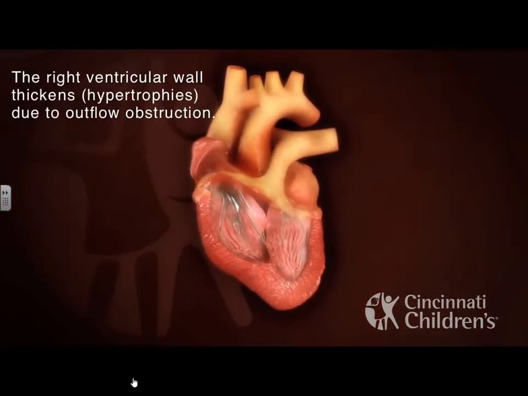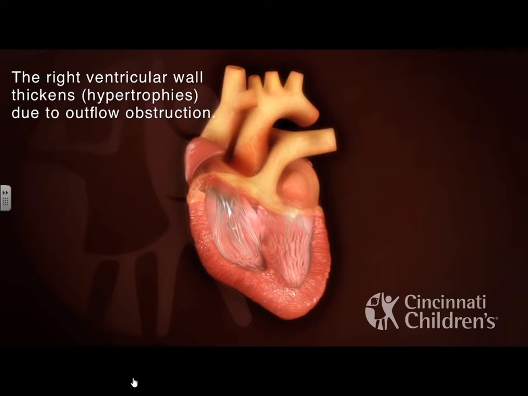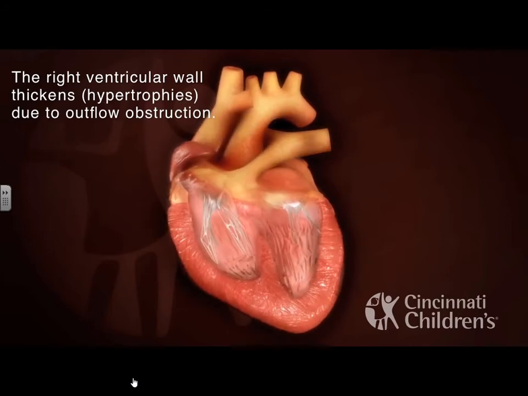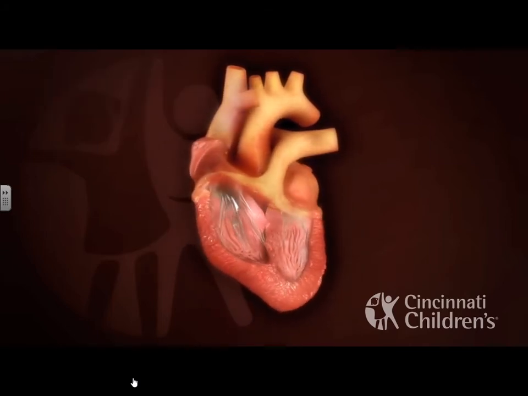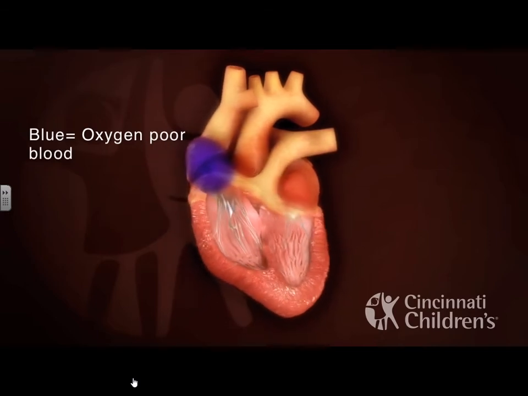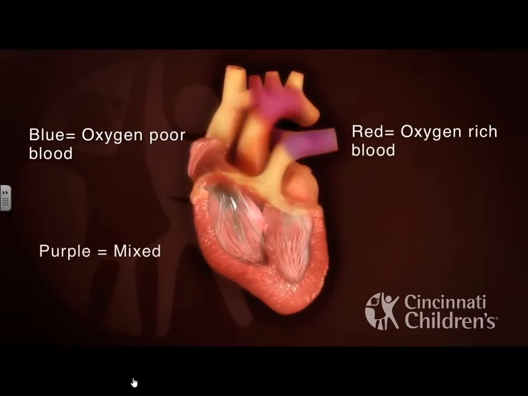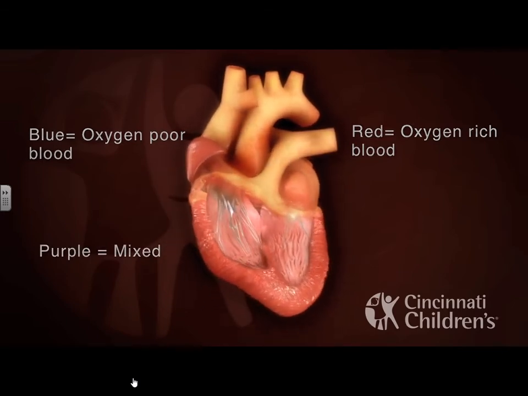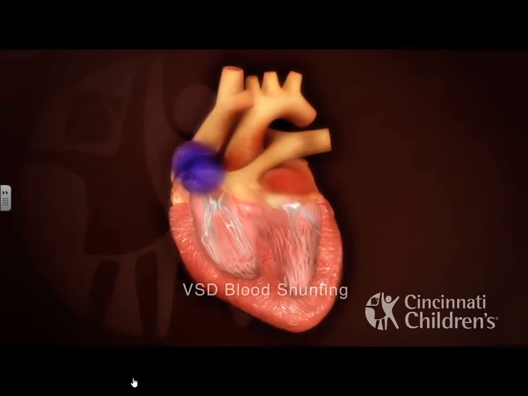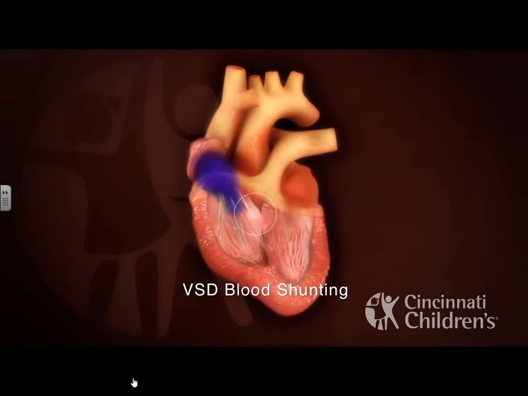The right ventricular wall thickens, or hypertrophies, due to outflow obstruction. Oxygen-poor blue blood, oxygen-rich red blood, mixed purple blood. This is VSD blood shunting.